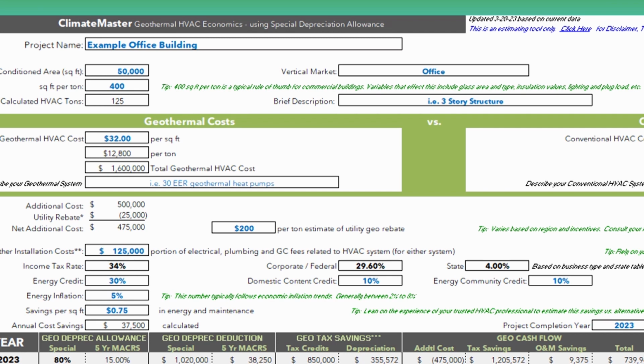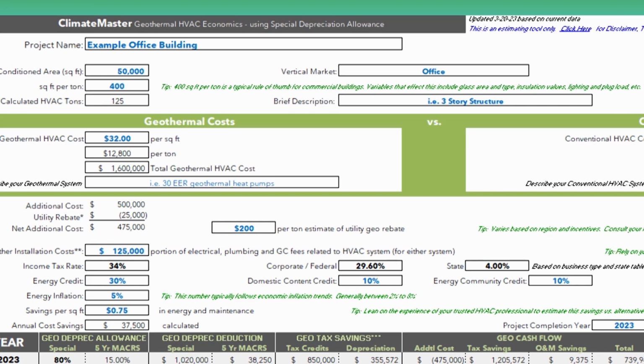We just assume, and this is how we use this as a screening tool, a sales tool, they're all going to be around 350, 400 square feet per ton. It used to be more like 350 or less, but glass is better, lighting is better. So now 400 is not atypical at all, even more. So about 125 tons in that building.